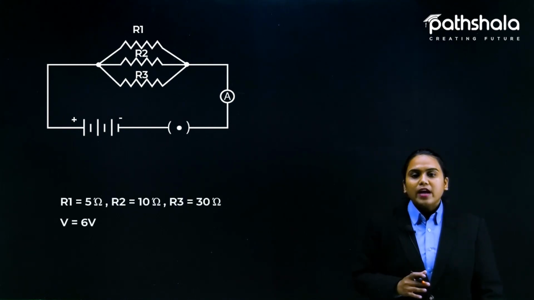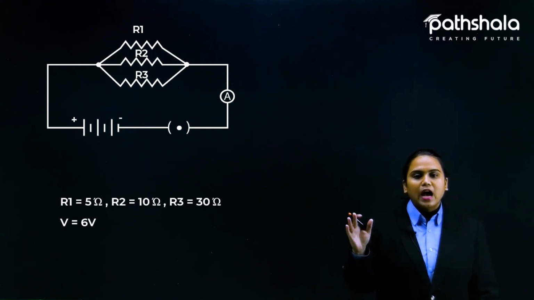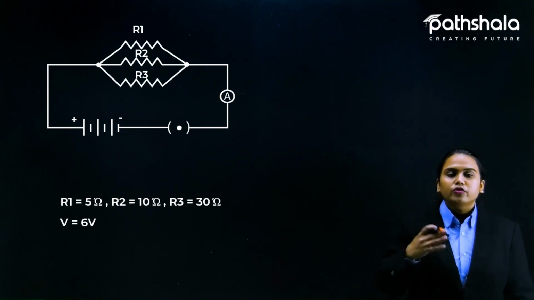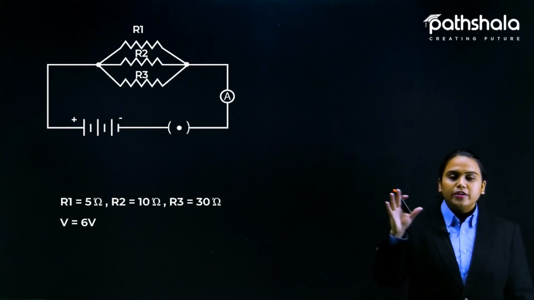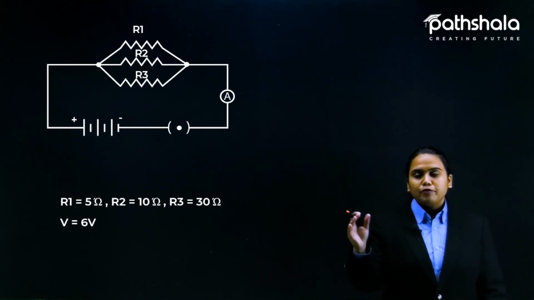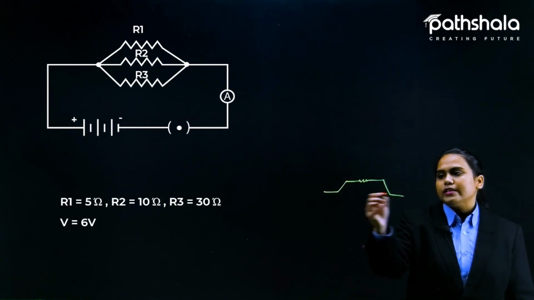Okay, so the values that are given here are R1 is equal to 5 ohm, R2 is 10 ohm and R3 is 30 ohm. Okay, students, you can draw these types of diagrams in your answer sheets also, if you don't want to forget the value of resistance again and again.